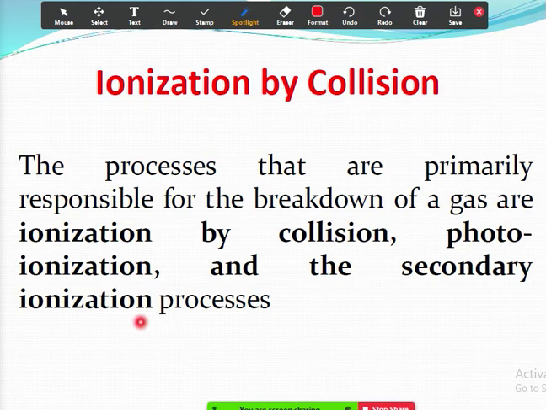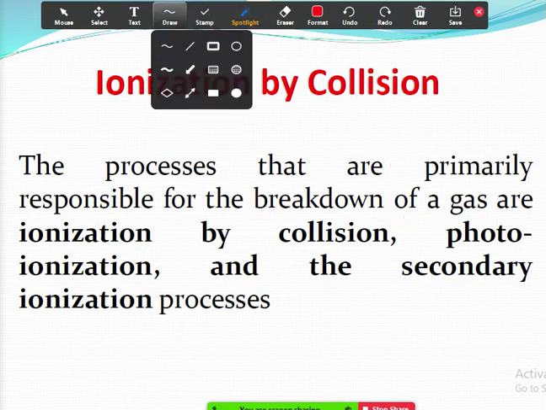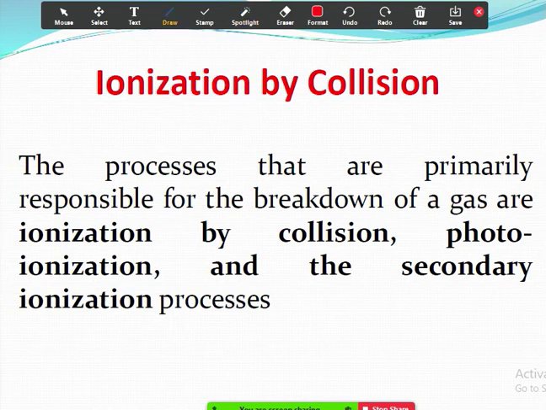These are the different types of ionization. So for the breakdown of gas, all these are responsible.